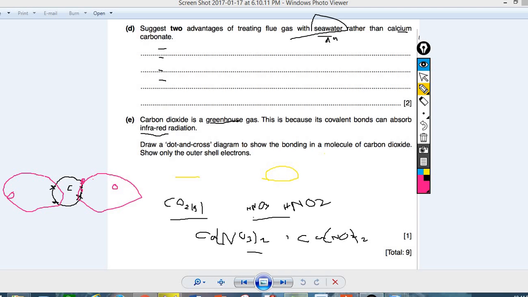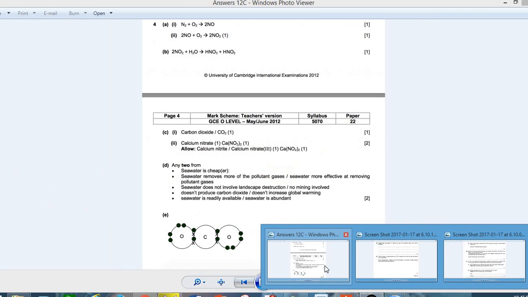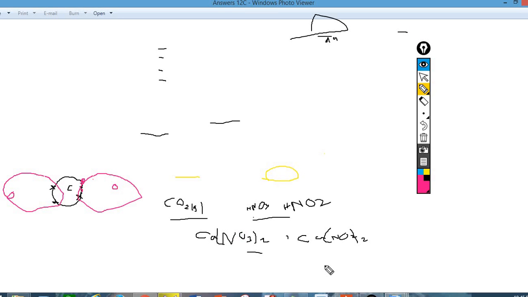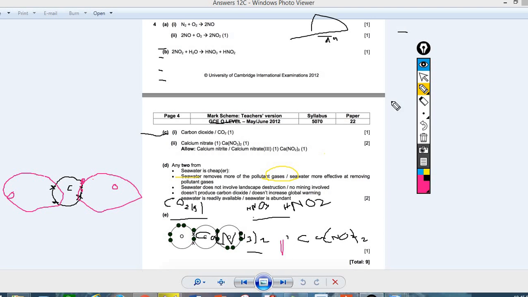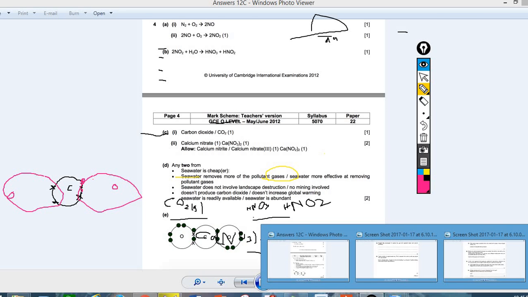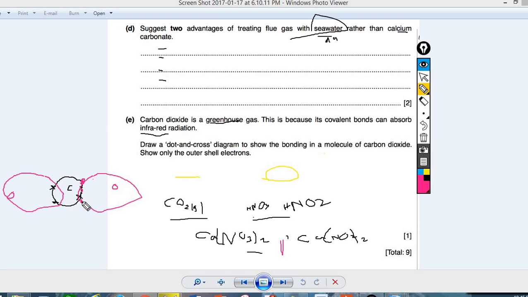Wait, I'll show you. That's easier. Is this clear? Okay, one second. It's not clear, right? I hope this is clear. There should be 4 bonds, basically like a dot cross, a dot cross, so that represents a double bond.